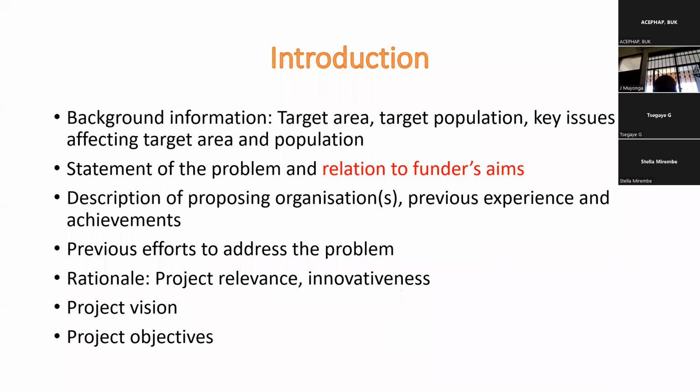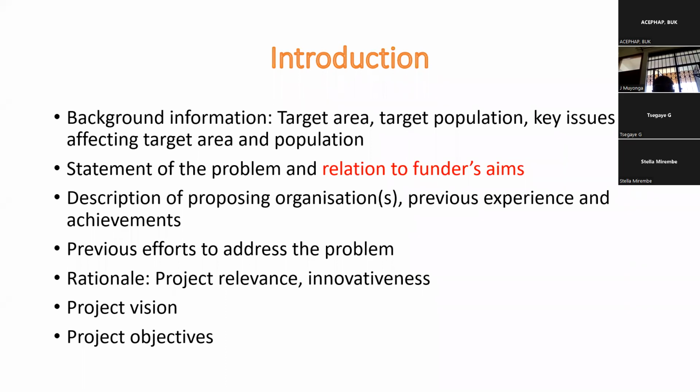The introduction, this normally has the elements about the target group, the target population, what are the key issues affecting the area and the population. And then the statement of the problem should be clear.